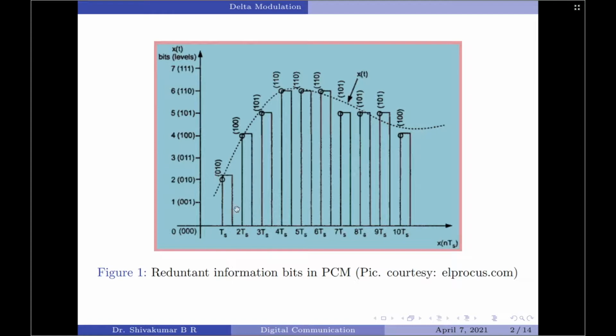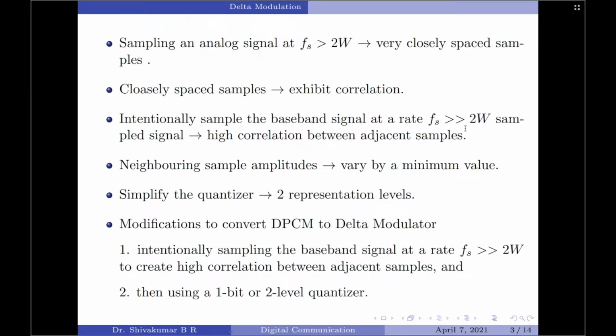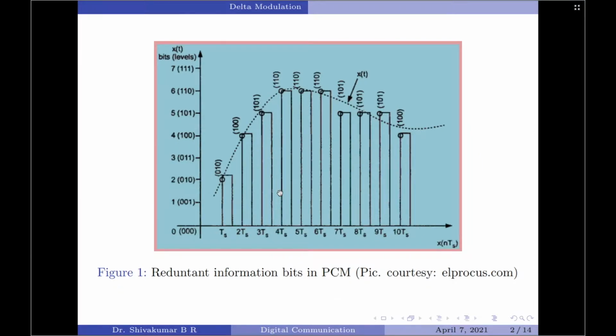So, when this is the case, we have already stated that the neighboring samples are going to exhibit a lot of correlation. We should note that sampling an analog signal at a rate much higher than the Nyquist rate, that is Fs greater than 2W, will create a sampled signal that will have its samples very closely spaced. So, we will obtain an output waveform which looks pretty similar to what we have here.